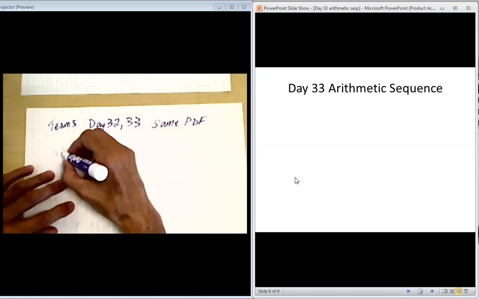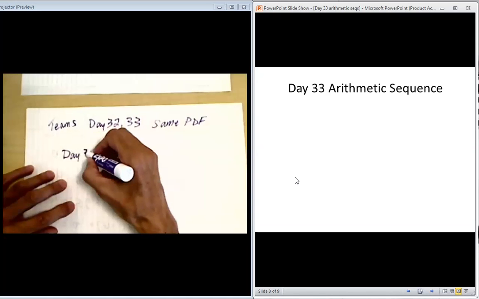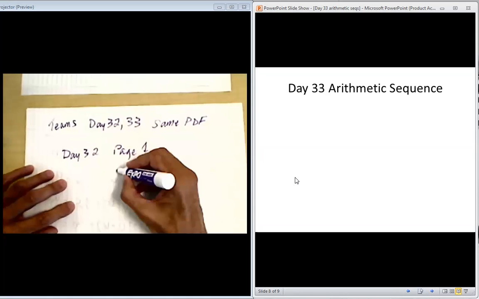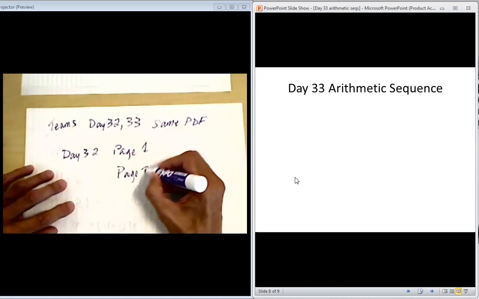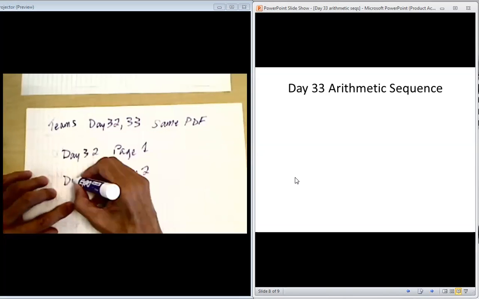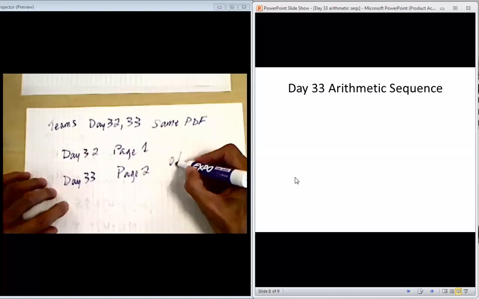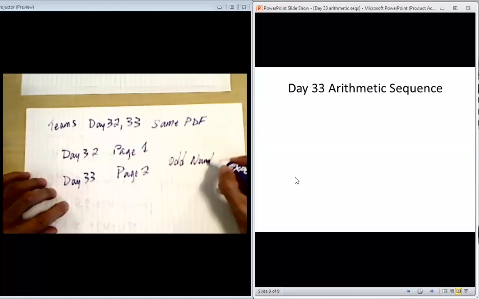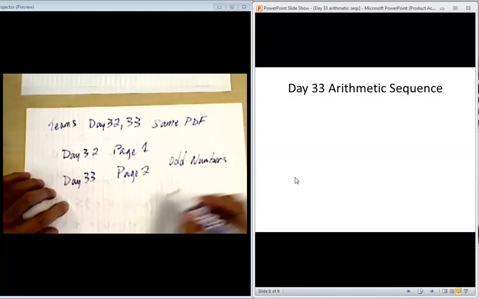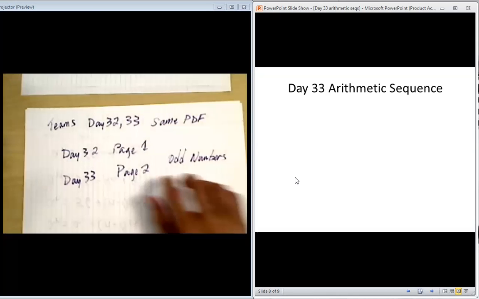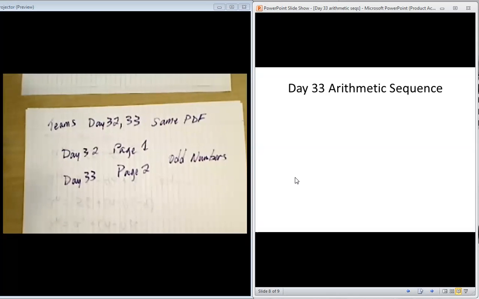Day 32 is like page 1. And if you scroll down a little further to page 2, that's where you'll see day 33 showing up. And as usual, just work on the odd numbers. And I think on Teams, the answers are already there for you. So you can do your work first and then check your work against the answers, right?